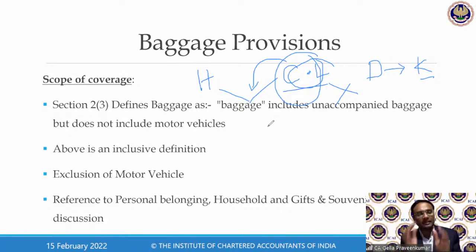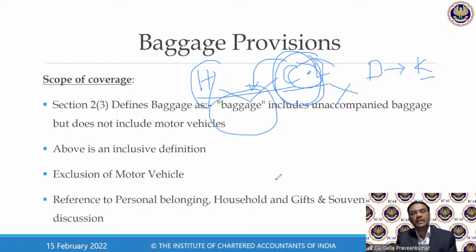So for a person who visits from a foreign nation and comes to India, the luggage carried in his hand and the cabin luggage, both together, can be called baggage for the purpose of your customs law. And this baggage, students, also includes that baggage which was sent and received at a later point in time.